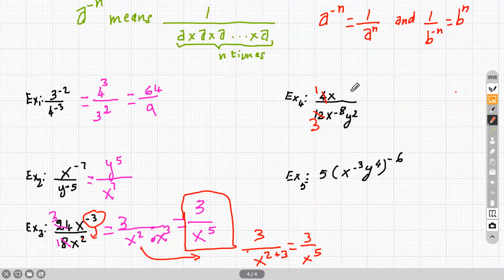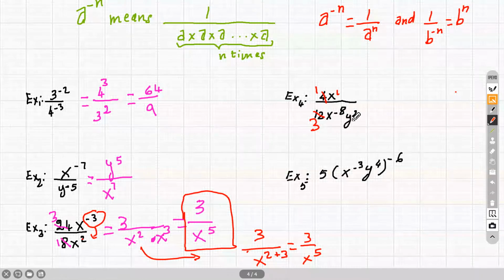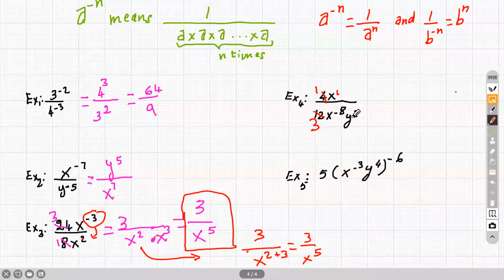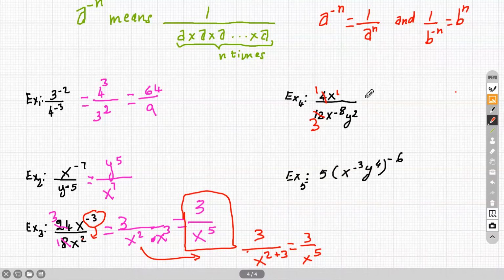That means I will have to move it to the numerator. Notice if you don't see an exponent on a variable or on a number, that exponent is 1. So I will put that 1 there. Now, since I don't have y anywhere else, and this exponent is positive, I don't need to do anything more with the y.